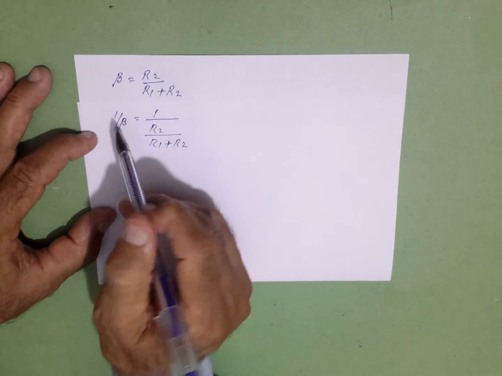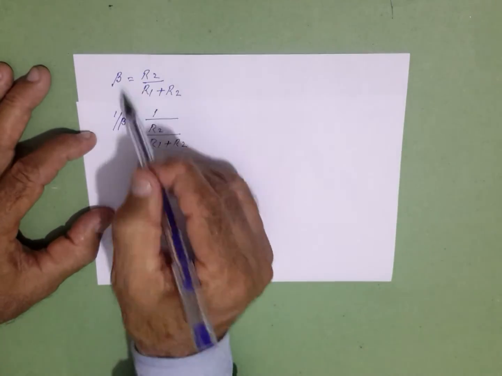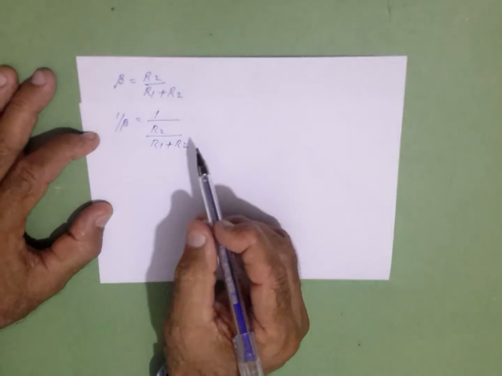Beta is equal to this, but 1 over beta is 1 over this, so it goes in the denominator.